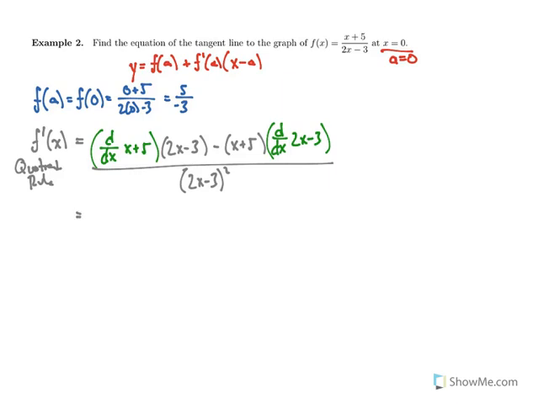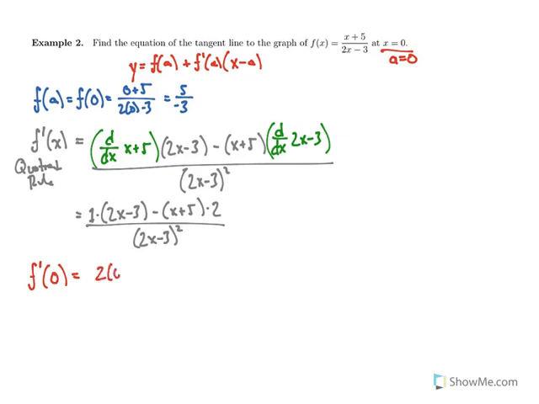So the derivative of x plus 5 is 1. That's going to be just a 2x minus 3 here. 1 times 2x minus 3 minus x plus 5 in parentheses times the derivative of 2x minus 3, which is just 2, all over 2x minus 3 squared. It may help to simplify that, since all we really need to do is find the derivative value at 0. Let's just plug in 0 at that point.